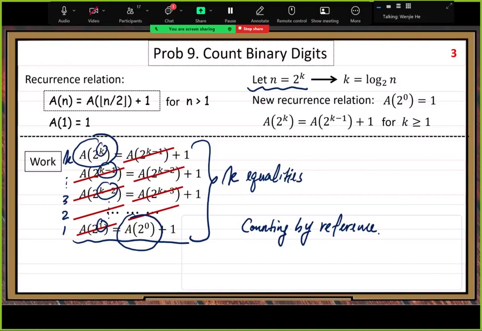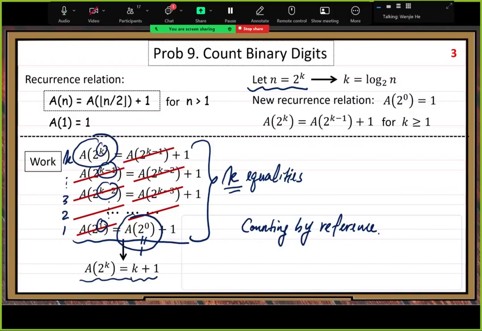So that means there are k ones. Then, because of a of 0, the base case, a of 0 equals 1, this number equals 1. So you have a total of k plus 1 ones. So a of 2^k equals k plus 1.